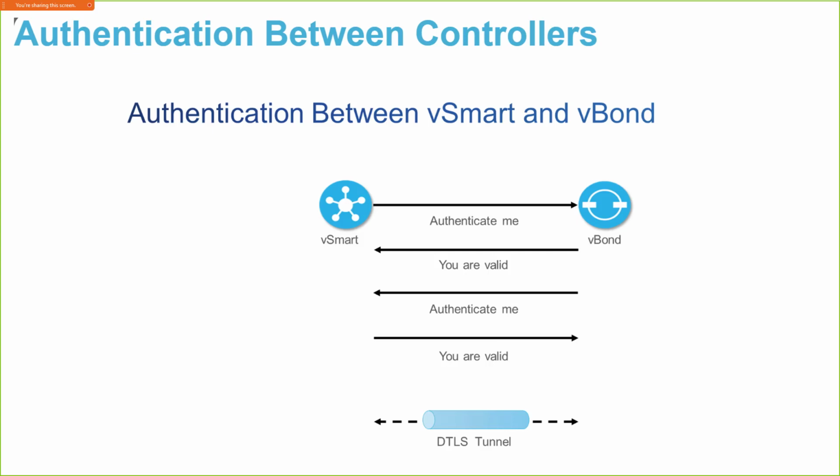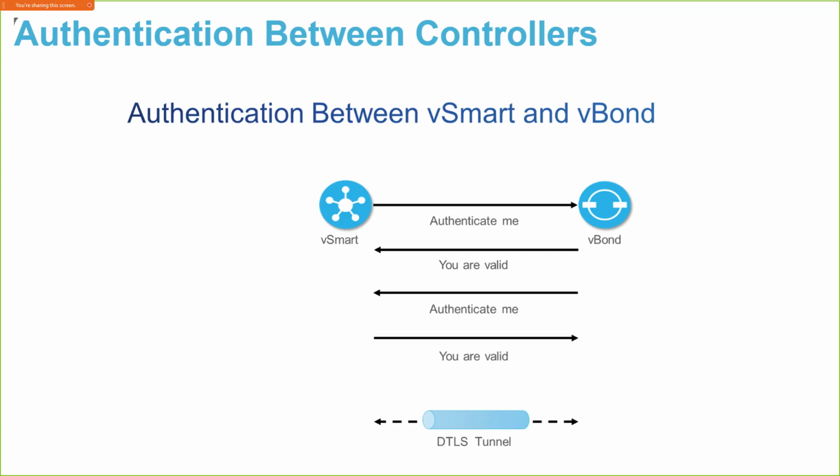But if you recall from our previous discussion, the vBond orchestrator is the one that facilitates that communication. It facilitates the authentication and authorization of those relationships. Once that occurs, the vBond orchestrator steps out of the picture, if you will.